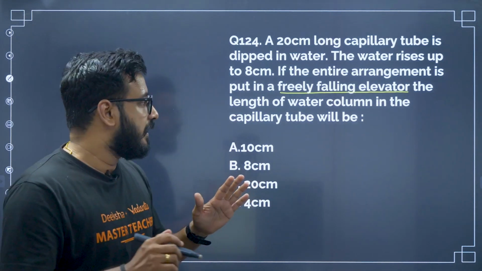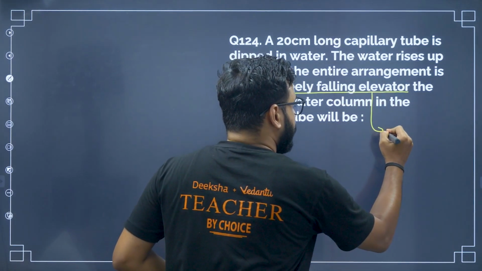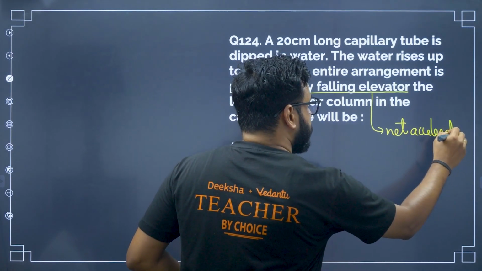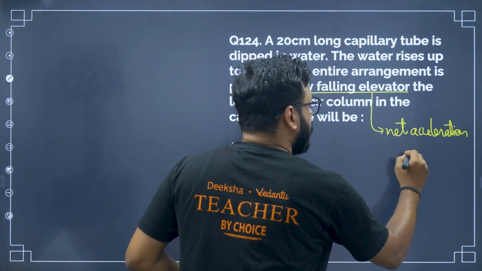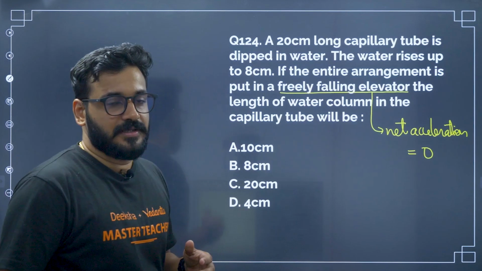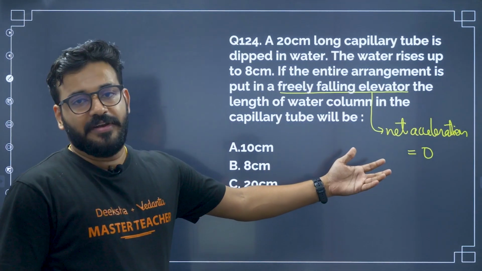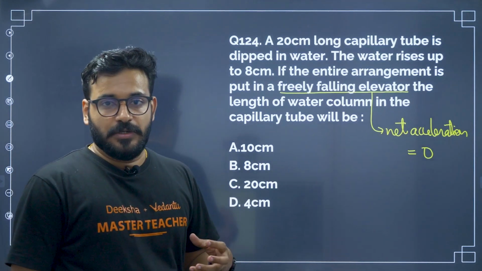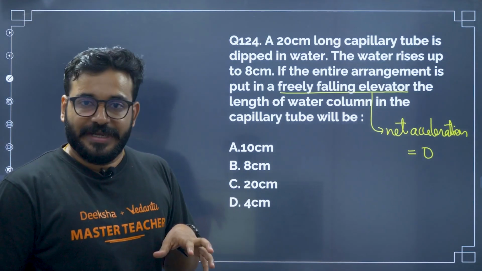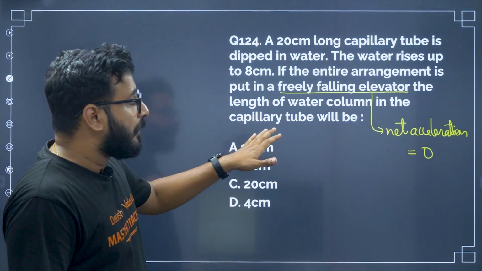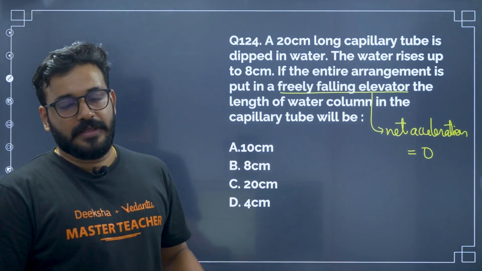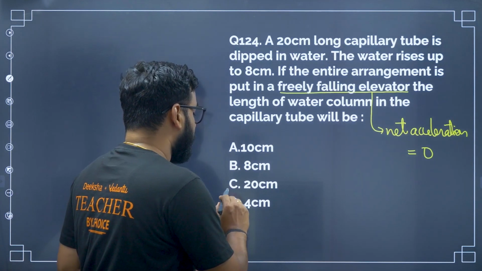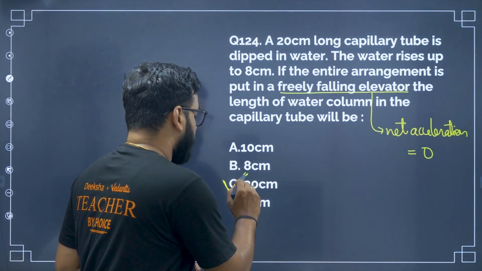The net acceleration, or rather the effective acceleration, will be 0. Since the effective acceleration is 0, the weight experienced will be 0 for any object, so the capillary tube will be entirely filled, and the correct answer here is 20 centimeter.